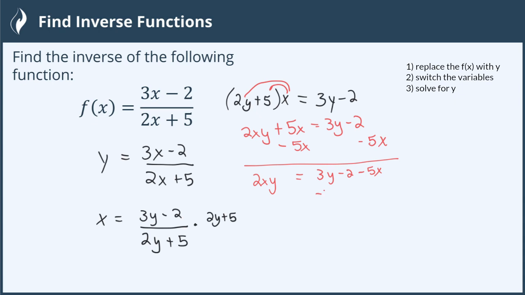And now I'm going to subtract the 3y from both sides so that I have 2xy minus 3y equals negative 2 minus 5x.